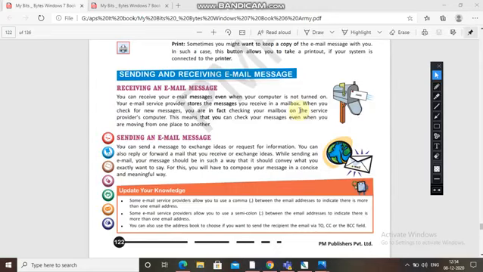You can also use the address book to choose if you want to send the recipient the email via the To, CC or BCC field.